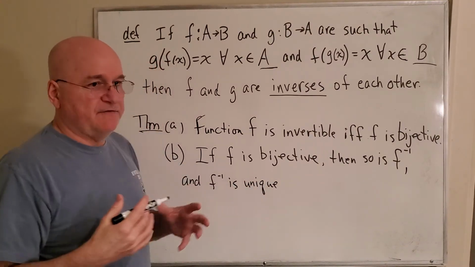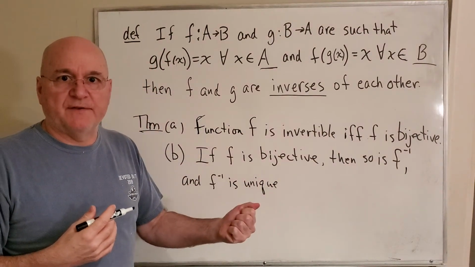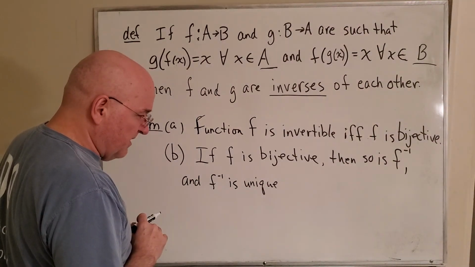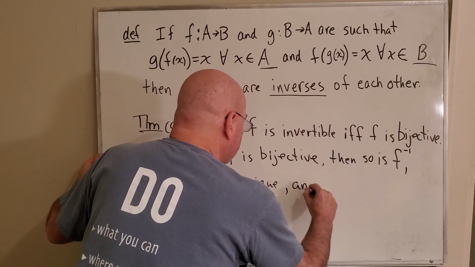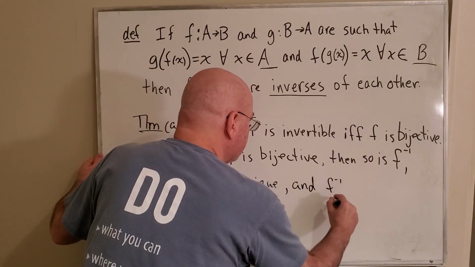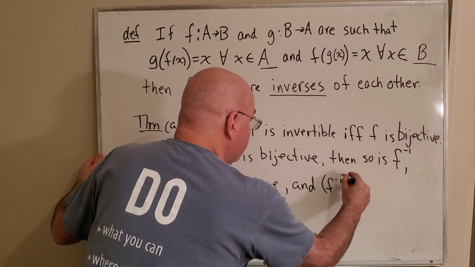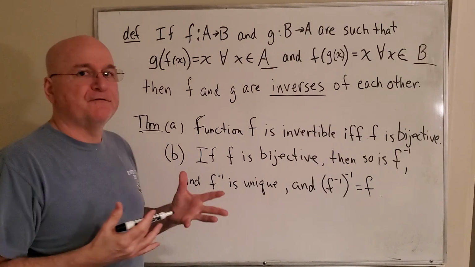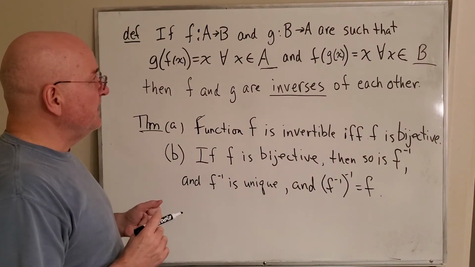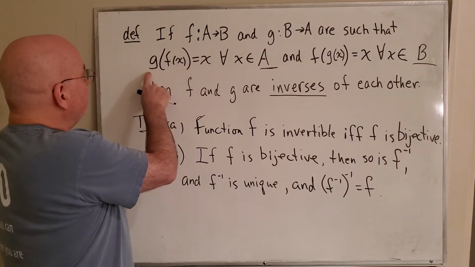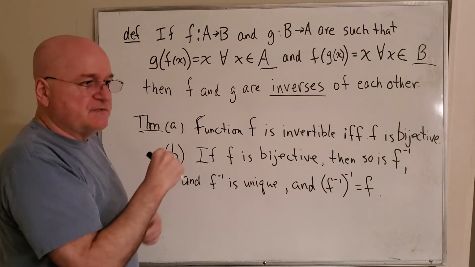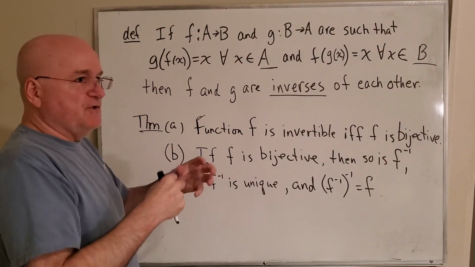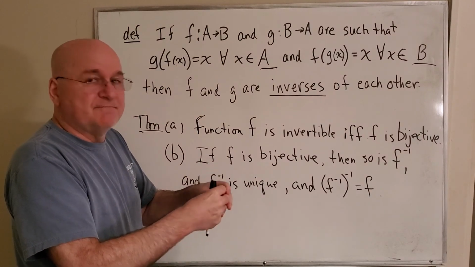So an invertible function has one and only one inverse. And I'm going to put one more little comment in here. The inverse of f inverse equals f. That makes perfect sense. This is just like saying that if f and g are inverses, then f is g inverse and g is f inverse. So if you take the inverse of f inverse, you get f.